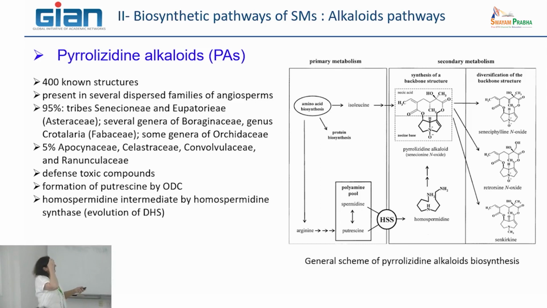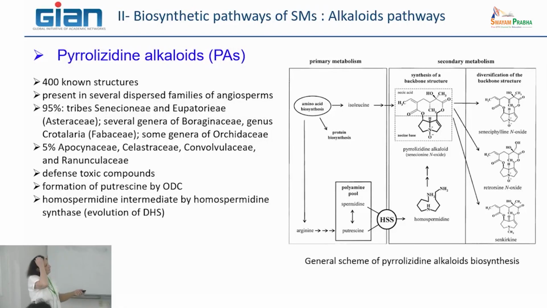There are some very important intermediates, for example the synthesis of a backbone structure, which is the starting point of all the alkaloids of this family. You can find them in several families.